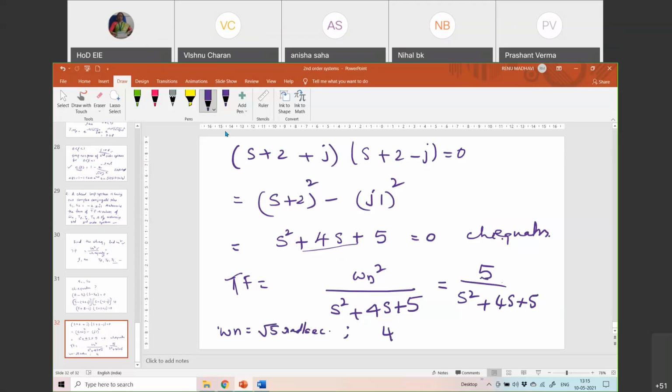And 4 is equal to 2 zeta omega n. Omega n is root 5. Find the zeta value. Let me know what the value of zeta is.